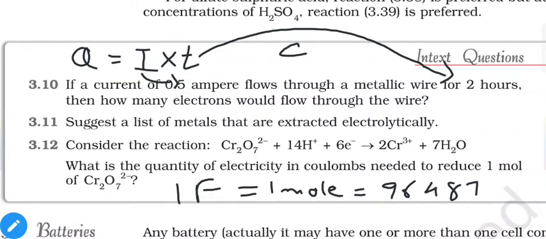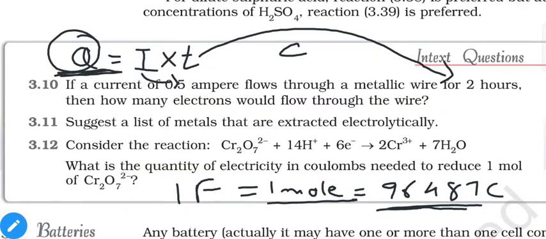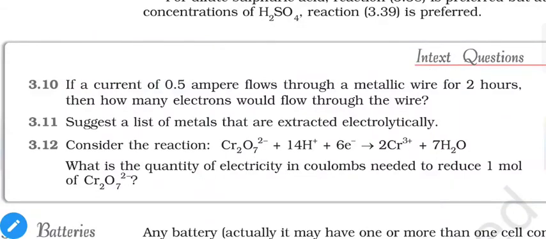So if 96,487 coulombs is equal to 1 mole, and here the value of Q also represents coulombs, it is equal to how many? So you have to do a cross multiplication. 96,487 is equal to 1 mole of electrons. Then here you will get 3600 coulombs is equal to how many electrons, and you will get your answer.